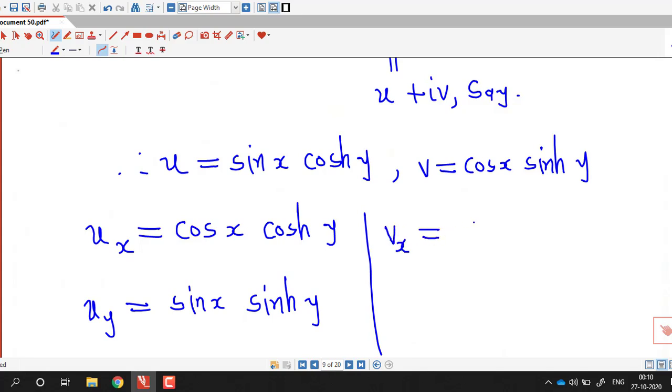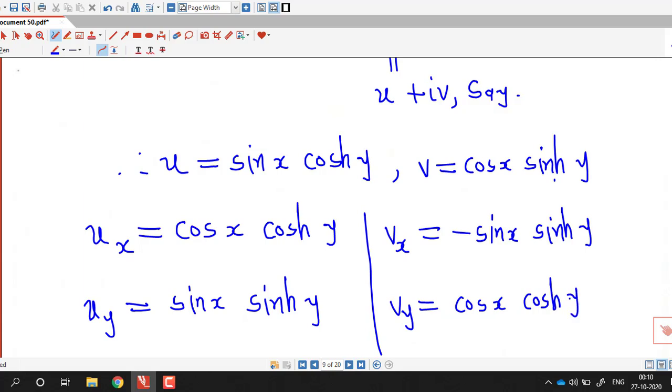Similarly, del v by del x: sin hyperbolic y is constant, derivative of cos x is minus sin x, so it is minus sin x sin hyperbolic y. And del v by del y is cos x as it is, derivative of sin hyperbolic y is cos hyperbolic y.